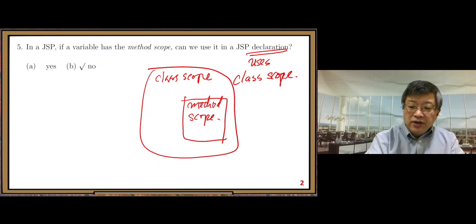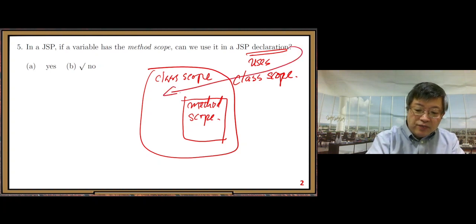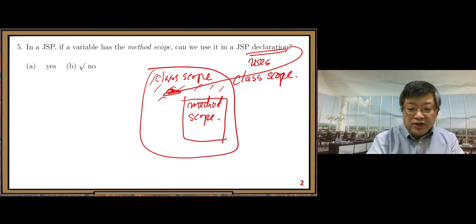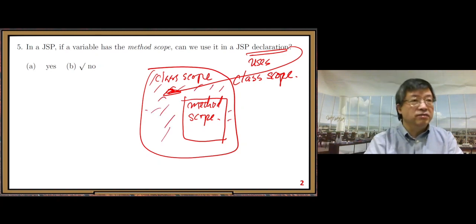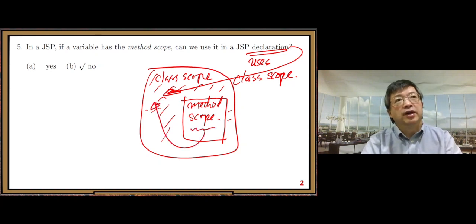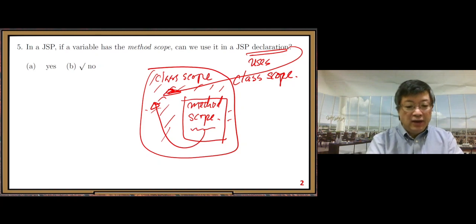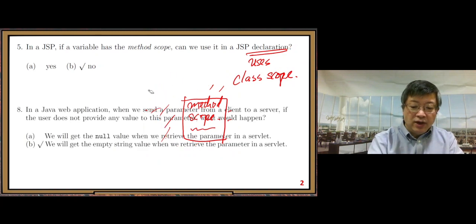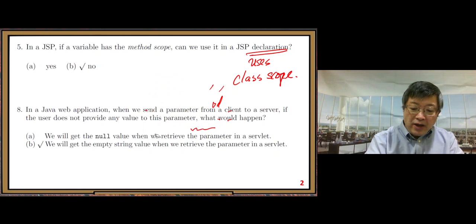The declaration exists outside the method scope, so a variable inside a method cannot be used outside of it.